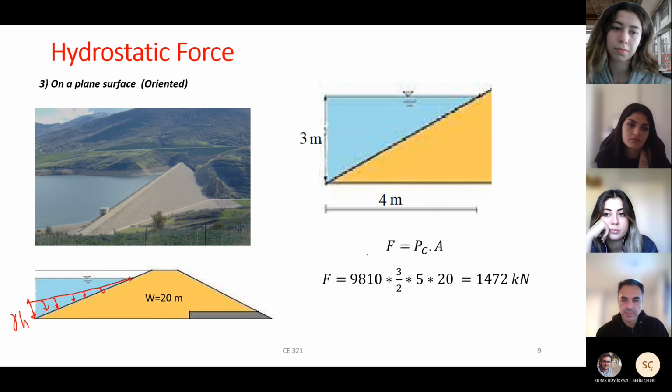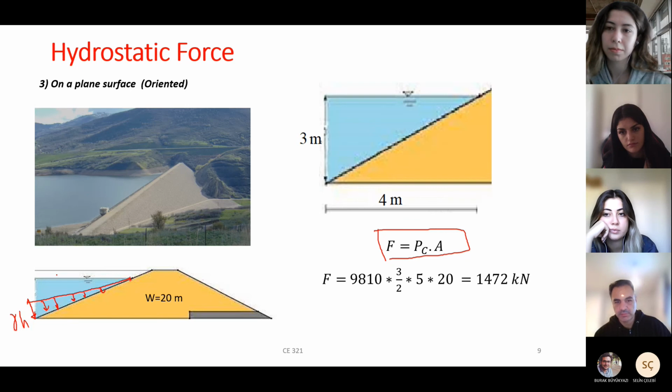And to solve the problem, again, I use this formula, pressure at centroid times area. Now, where is the centroid of this plane? This is a geometric question, not relevant to fluid mechanics.